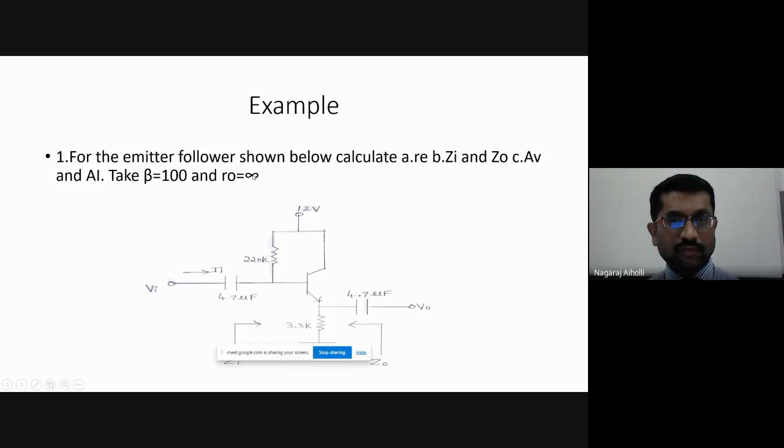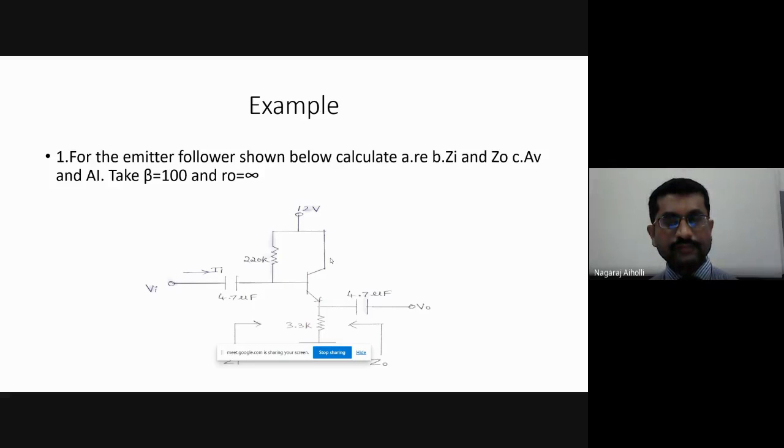Sometimes they may just say, for the circuit shown below, calculate RE, ZI and Z0, AV and AI. Then you have to first identify which circuit it is. It is the emitter follower circuit because the input voltage is applied to the base terminal and the output voltage is taken from the emitter terminal. Then you start applying the required formulas.